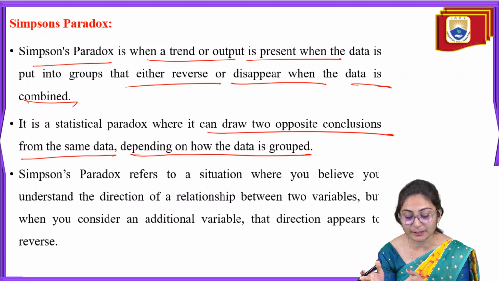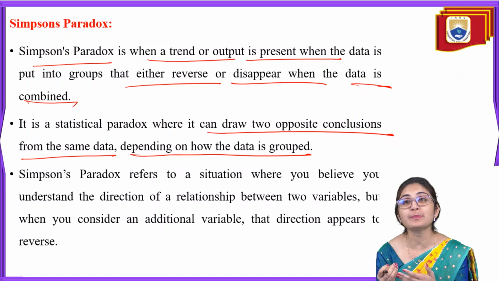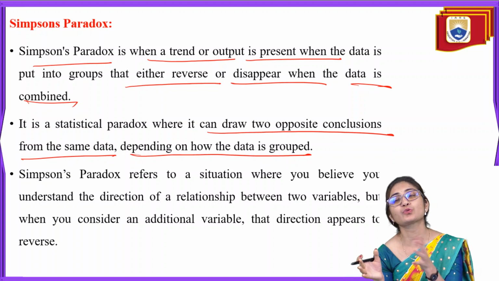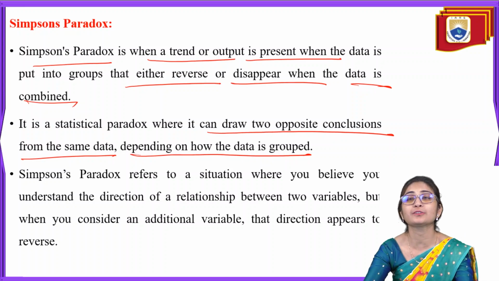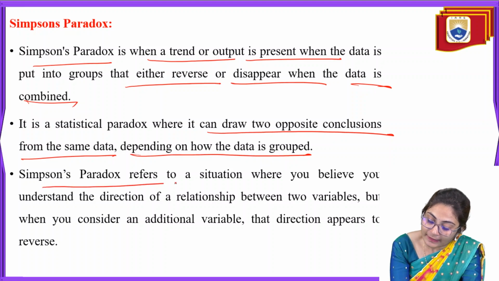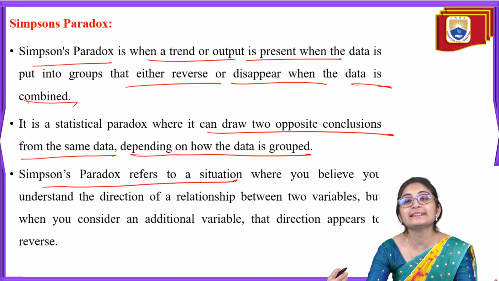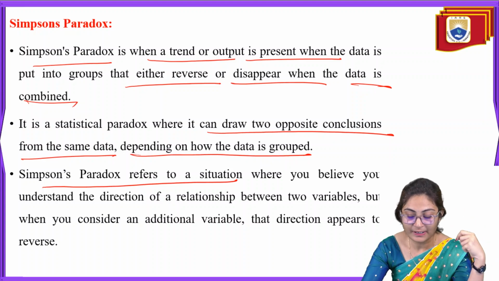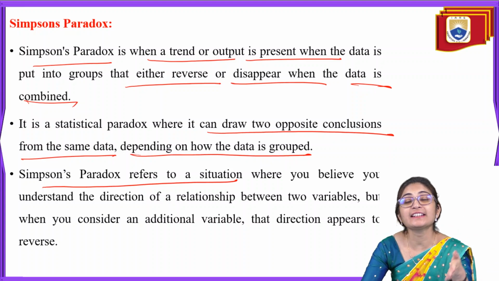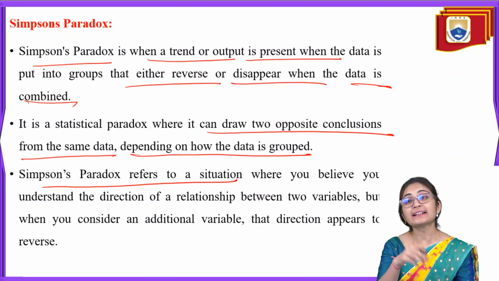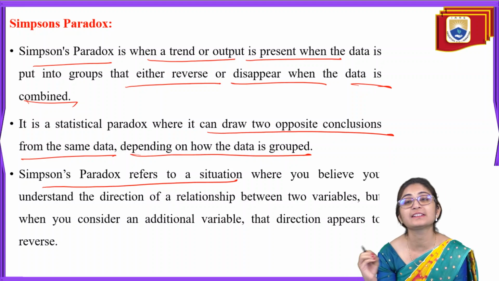So your output depends on how you are grouping that data. Simpson's paradox represents the situation where you believe you understand the direction of the relationship between two variables, but whenever you consider an additional variable, that direction appears in reverse.